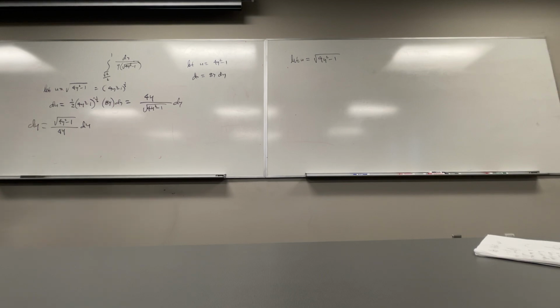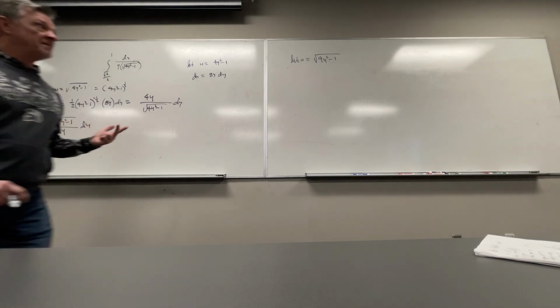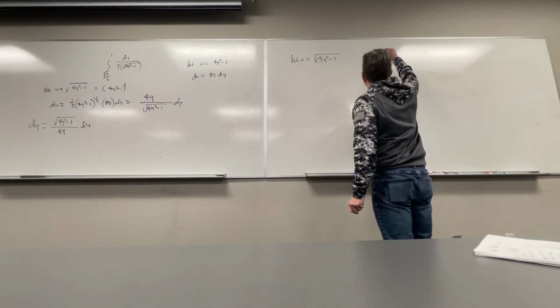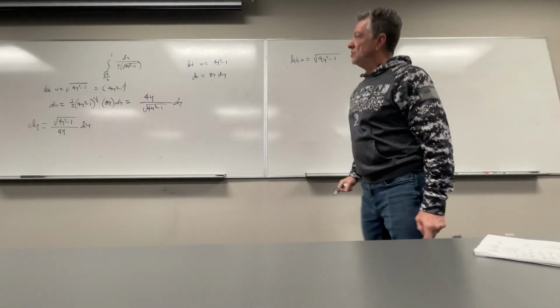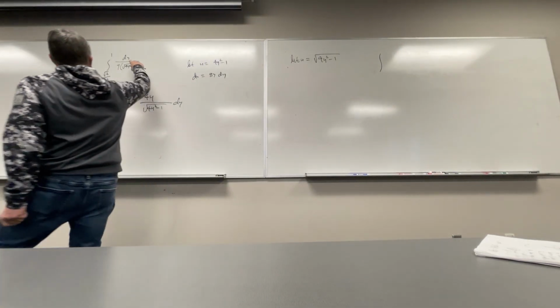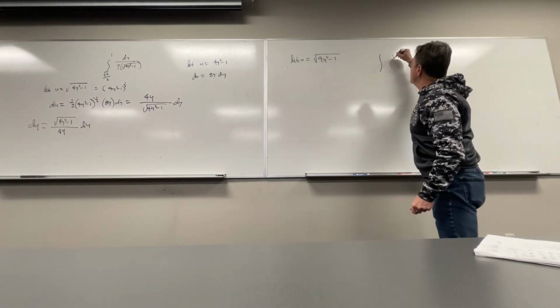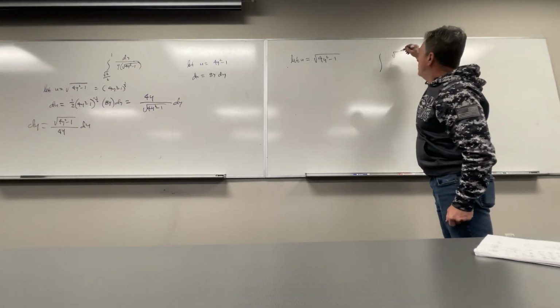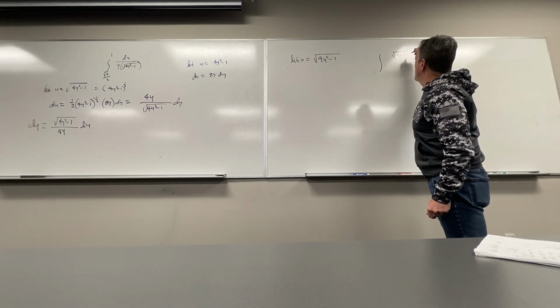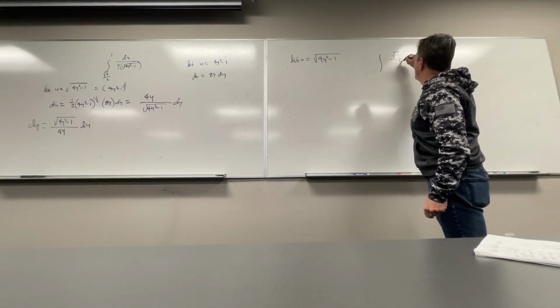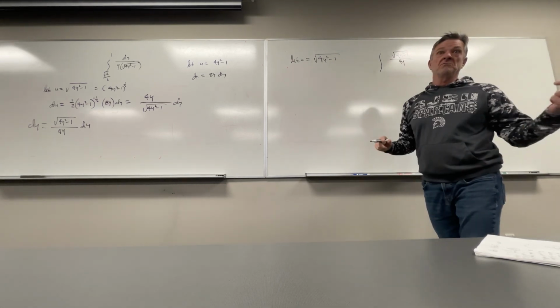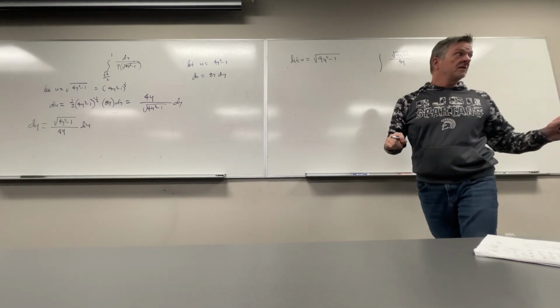Okay, so you want to try to give that a try? Let's forget about the limits of integration right now, and then just see what happens. Okay, so dy is all of that. The dy is going to be square root of 4y squared minus 1 over 4y, okay, and then du, right?